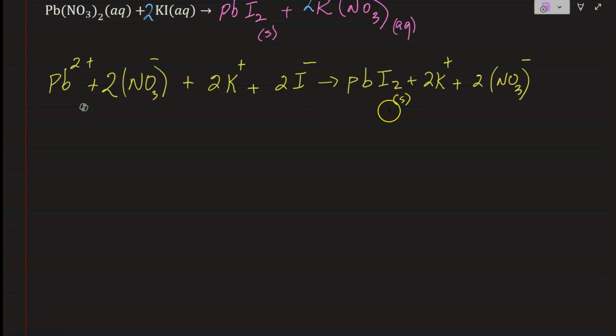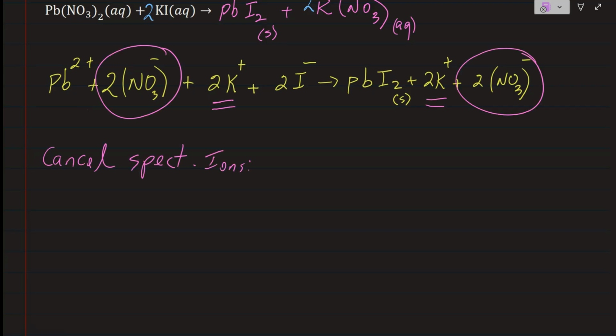and then we have the solid, which is the lead iodide, and then we have the 2K plus and 2 NO3 negative. This is the ionic equation, but then we have to go through and cancel the spectator ions. And what are they? Well, we have NO3 negative and the K plus.